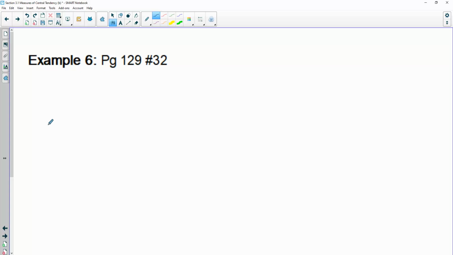So this problem says Mr. Zuro finds the mean height of all 14 students in his statistics class to be 68 inches. Just as Mr. Zuro finishes explaining how to get the mean, Danielle walks in late. Danielle is 65 inches tall. What is the mean height of the 15 students in the class?